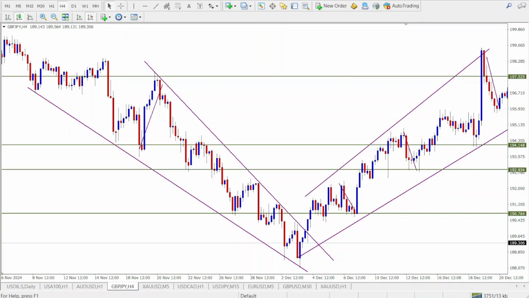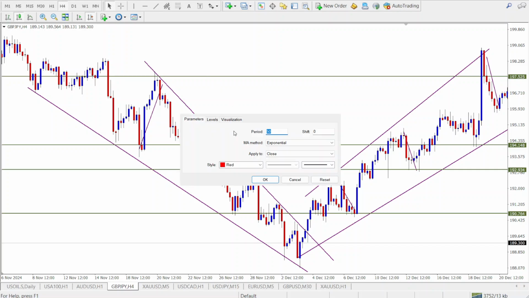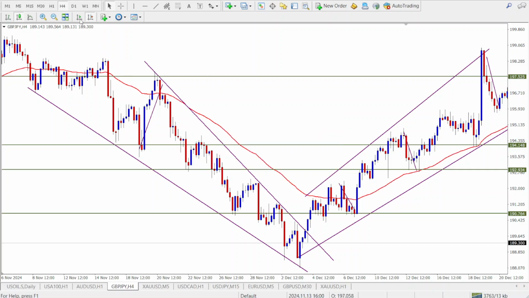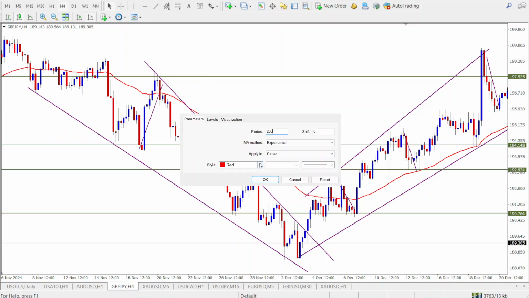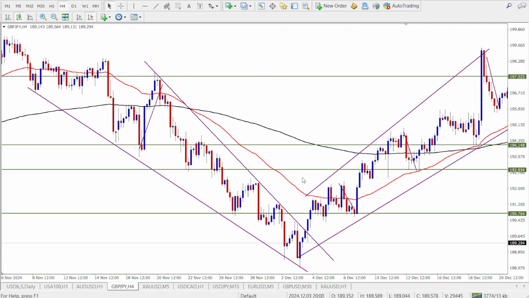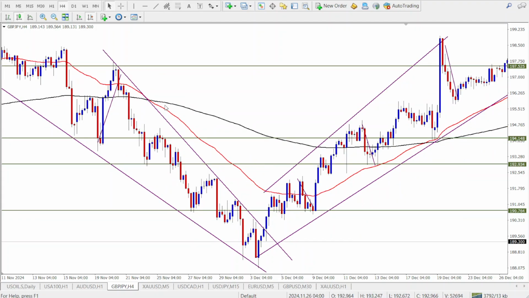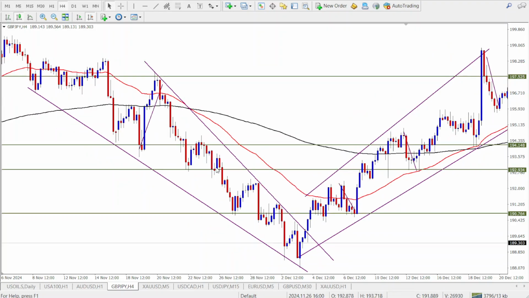Another great pullback zone is your moving average. You can add the 50 EMA and the 200 EMA, for example, to your charts. The 50 EMA and 200 EMA often act as dynamic support and resistance. If price respects these levels, it signals a strong trend continuation.